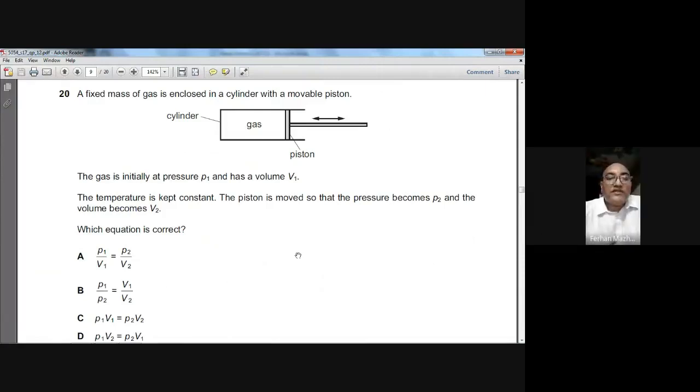When you keep the mass of the gas constant and the temperature constant, the relationship between the pressure and the volume is very simple. We call it Boyle's law, and its mathematical formula is P1 V1 equals P2 V2. So C is the correct answer.